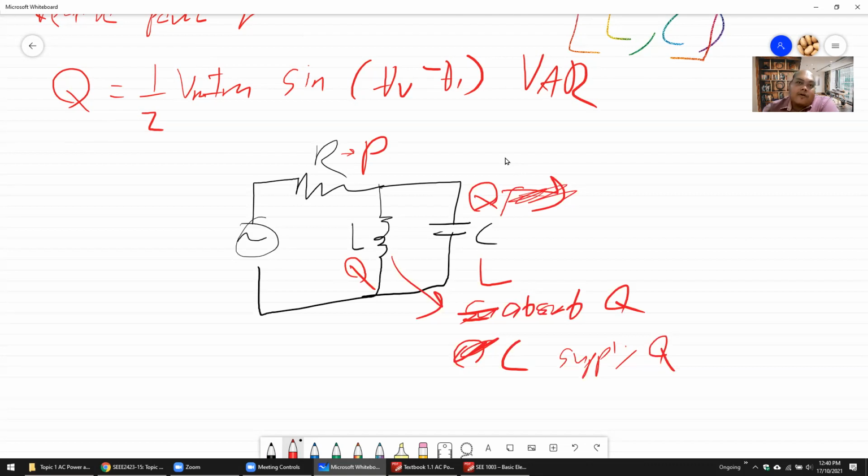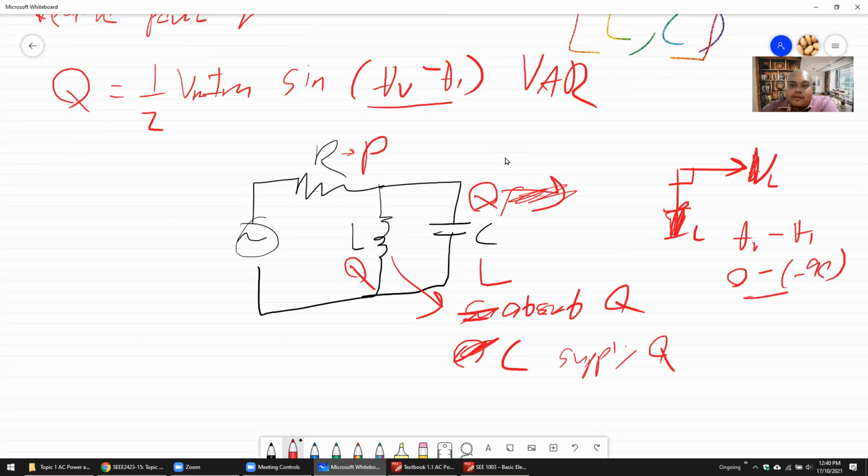Remember, for theta V and theta I, for an inductor, I is lagging. For example, theta V is 0 and theta I is negative 90, so theta V minus theta I is 90 degrees.